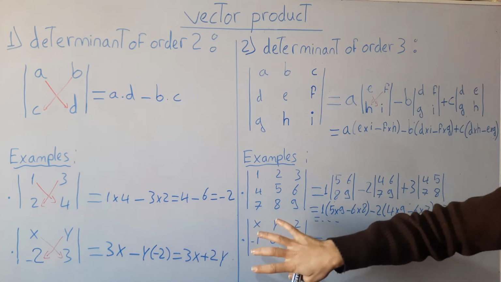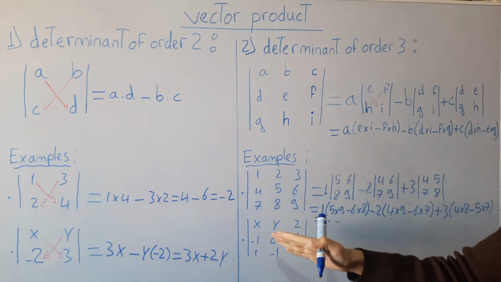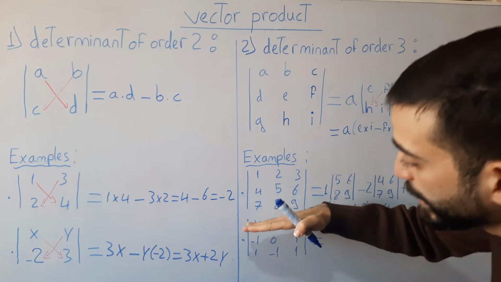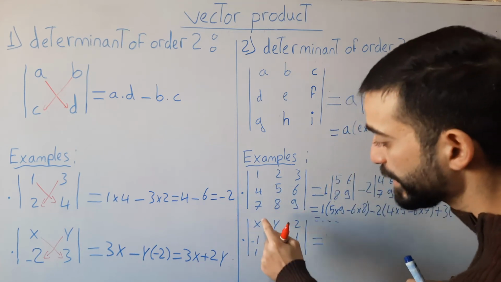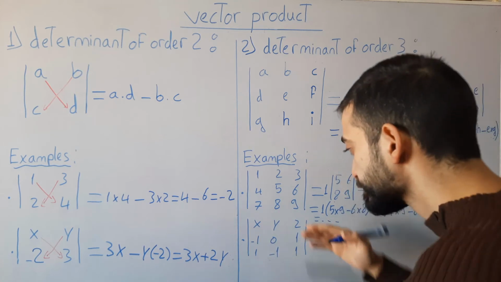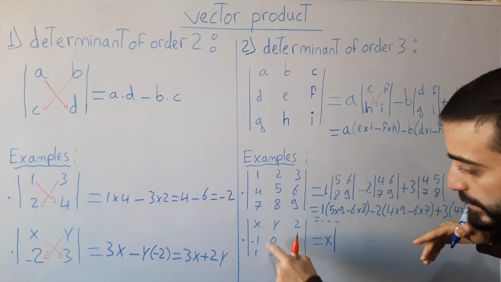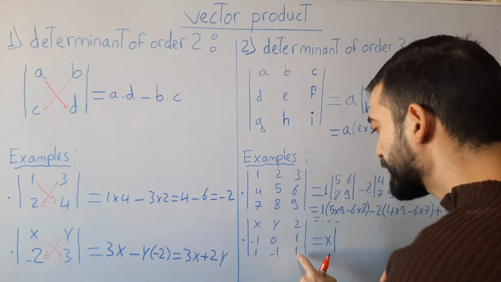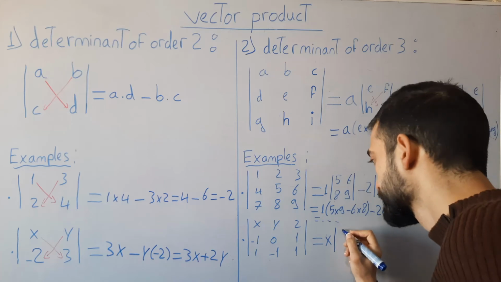To calculate the determinant of order 3, we cross the first row and first column, the intersection x, so x. What remains? A determinant of order 2, 0, 1, 1, minus 1, 1.